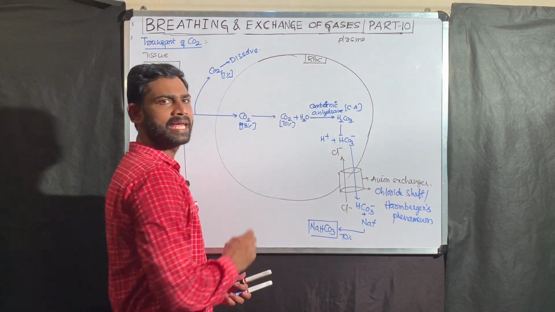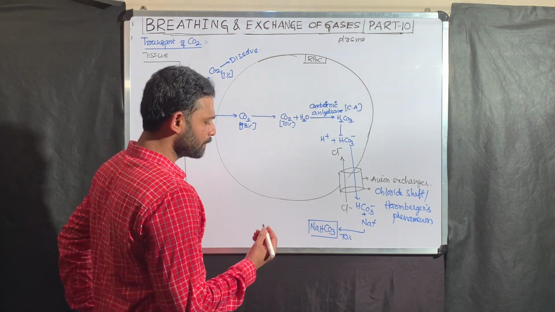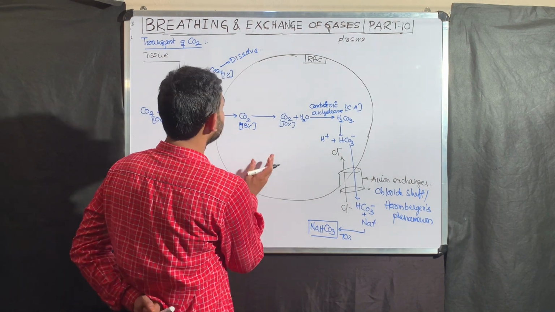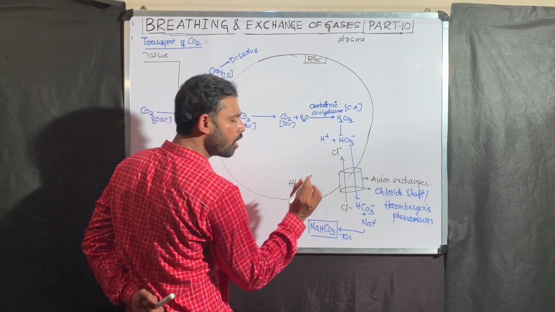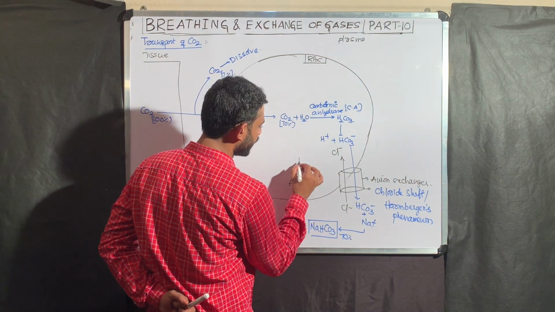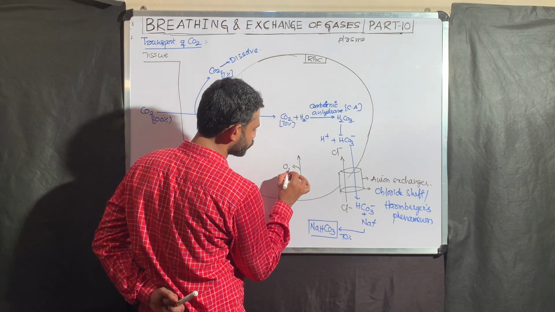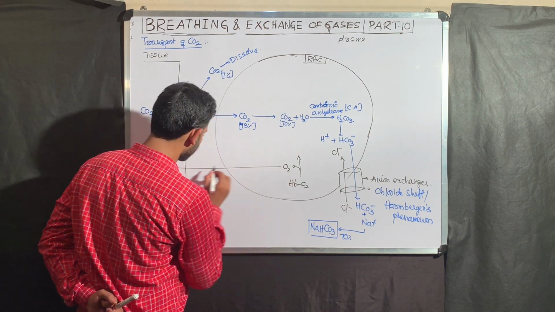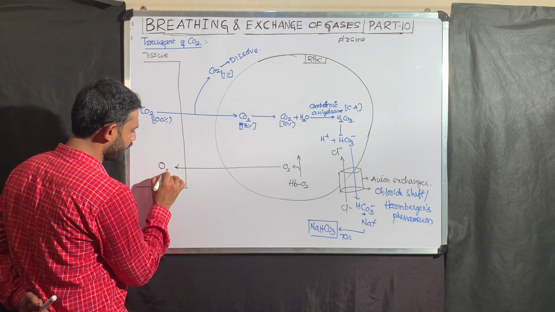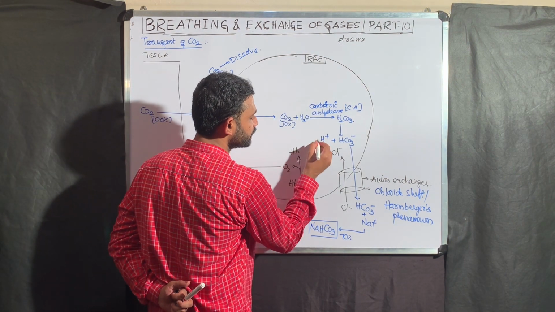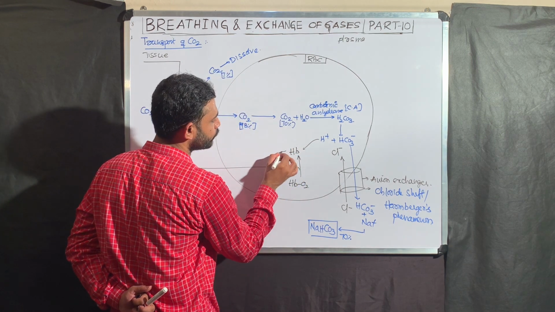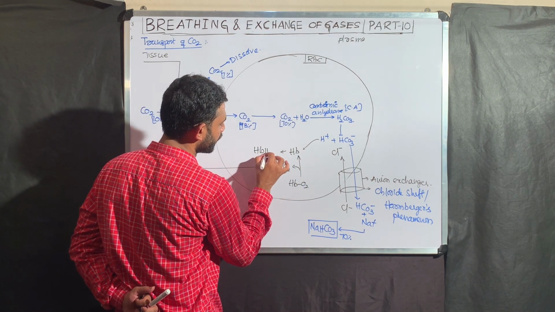Now, coming to the H plus ions. What is happening when it reaches the tissues: hemoglobin with oxygen, oxyhemoglobin, then oxygen gets dissociated, and that oxygen enters into the tissue. Simultaneously, carbon dioxide enters, and hemoglobin becomes vacant now. This H plus ion combines to form HbH plus.